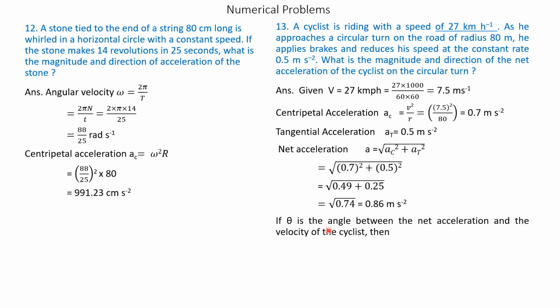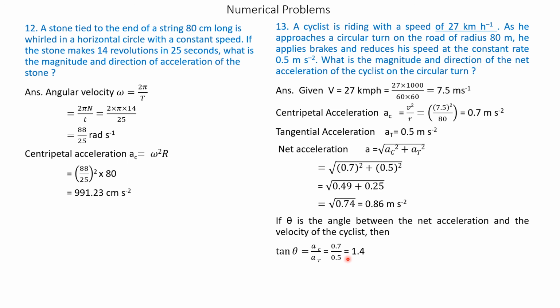Now, we can also find the angle, the direction of the net acceleration. If theta is the angle between the net acceleration and the velocity of the cyclist, then we know the relation tan theta is equal to AC by AT, where AC is the centripetal acceleration, AT is the tangential acceleration. That is equal to 0.7 divided by 0.5.